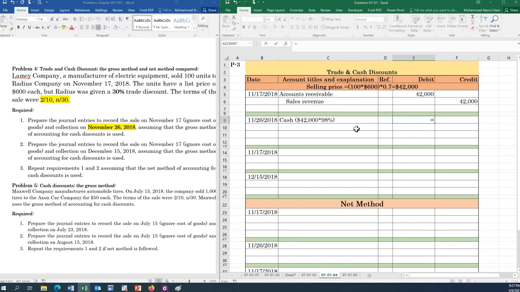So that would be 42,000 multiplied by 0.98. So that is 41,160. Okay, and sales discount is the remaining 2%. Okay, and that is 840. And so entire amount should be cash receivable, that is 42,000.